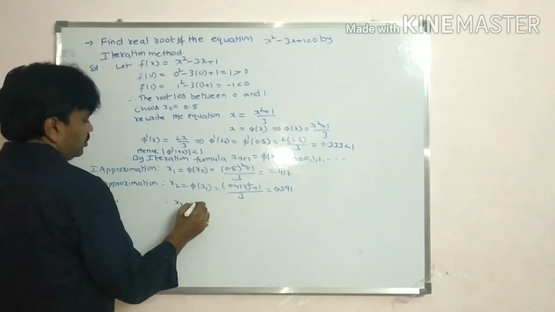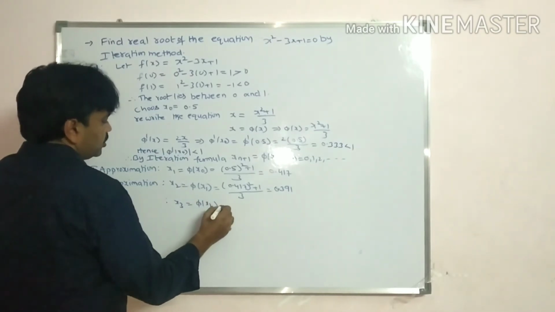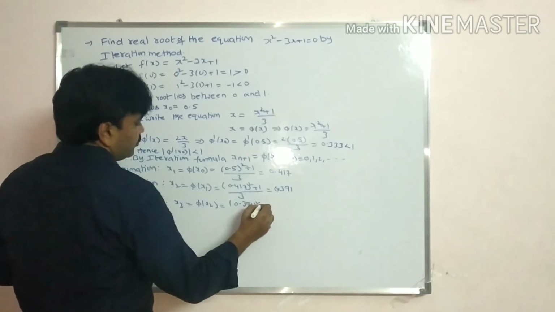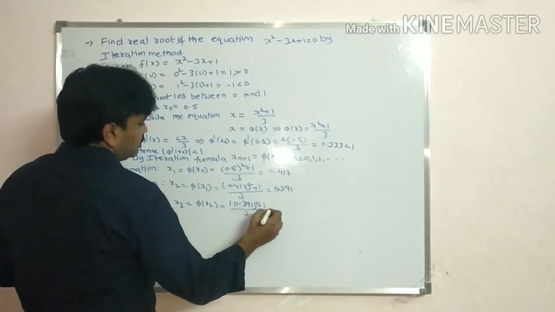X3 is equal to phi of x2. So that is equal to 0.391 square plus 1 by 3.